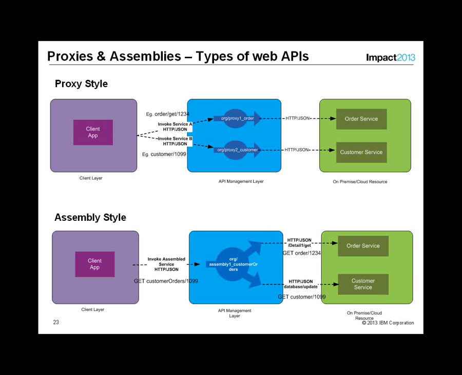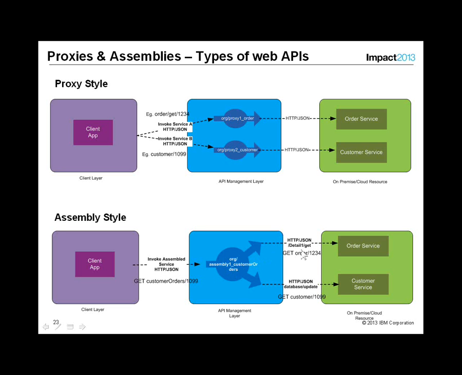There are other types of web APIs where you probably want to do some aggregation of information. You probably get one request, and then you make two calls. Let's say you want to get all the customers' orders.